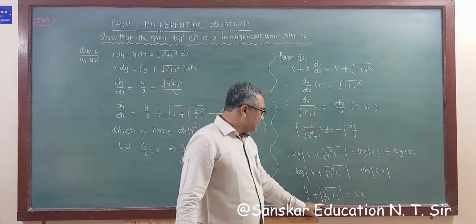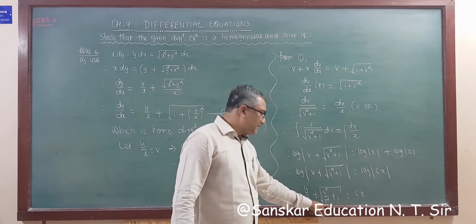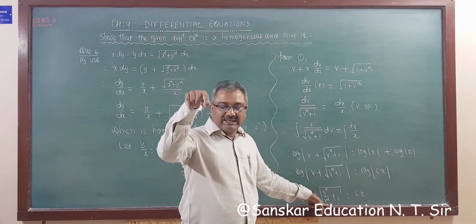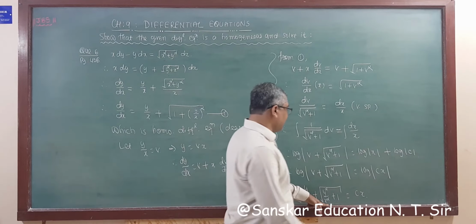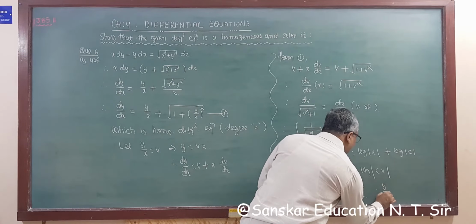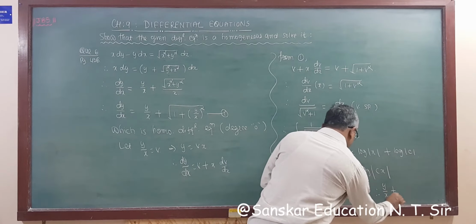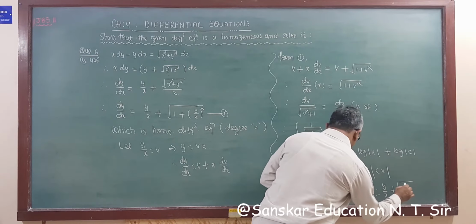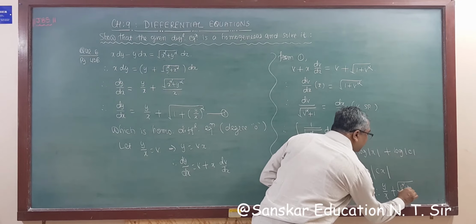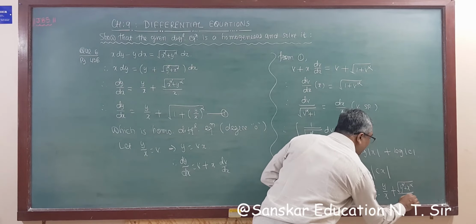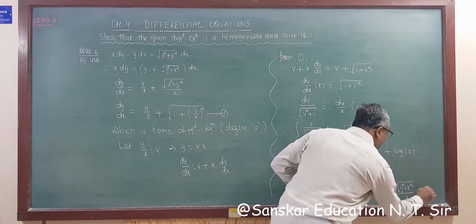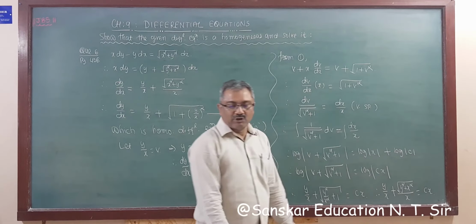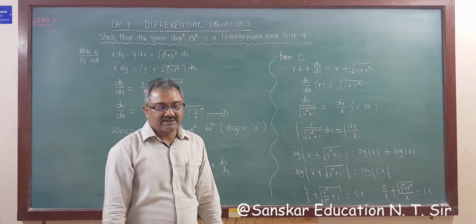Now if we take LCM, then this is y square plus x square upon x square, but square root in x square, so we get y by x plus under root y square plus x square, that is x square plus y square, whole upon x is equal to cx, right?